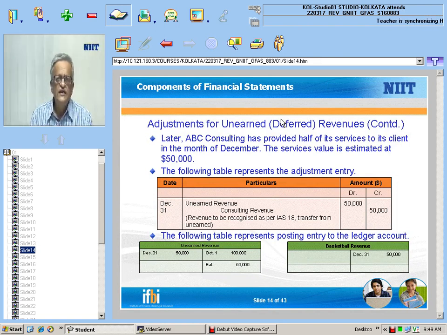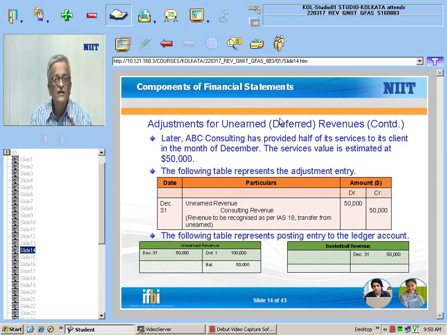Later, ABC Consulting provided half of its services to its clients in the month of December. Only half of the service was provided, 50%. The service value is estimated at 50,000. So you can debit your unearned revenue liability account and credit your revenue account to the extent of 50,000 only, not 1 lakh.